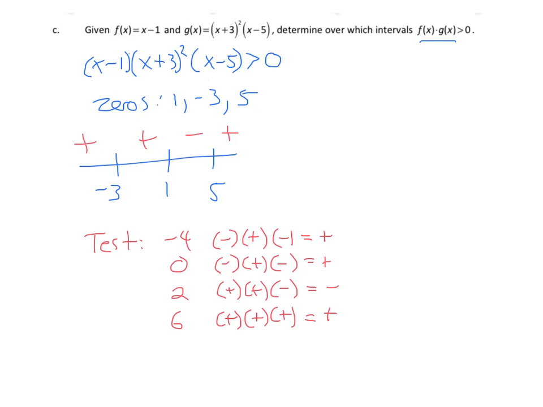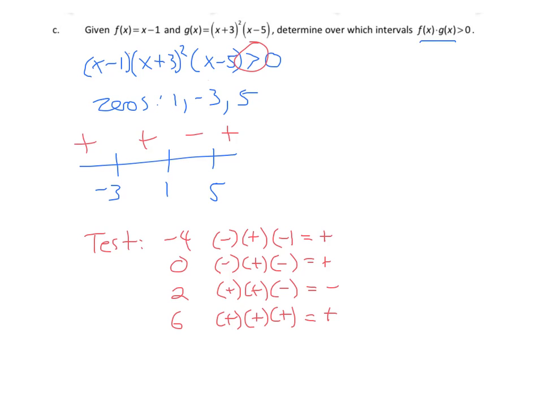So this time I have a greater than symbol, so I want to include all the parts where I have positive numbers. But we have to be careful on this one. I can't just say negative infinity to 1 for the region on the left. I can't do that because at negative 3 it actually equals 0.